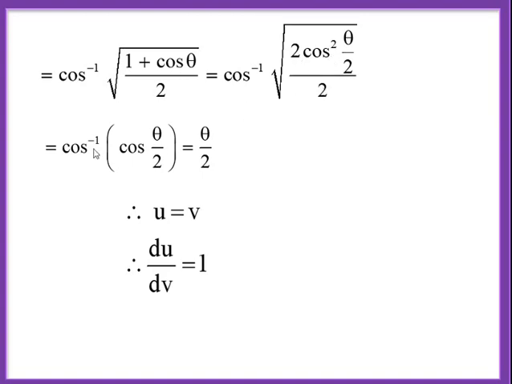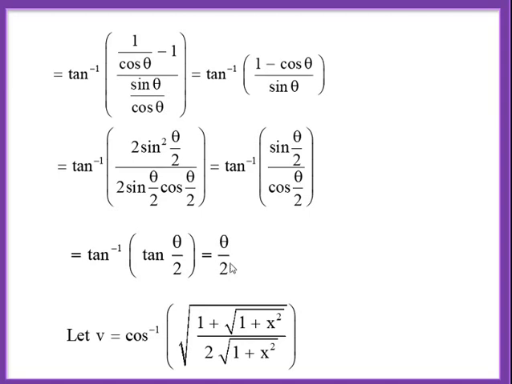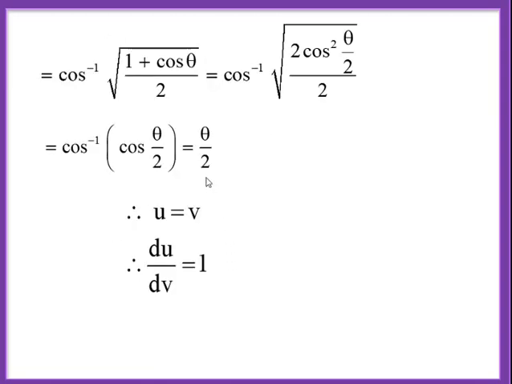So we get cos inverse of cos theta by 2, which is theta by 2. What was u? See, theta by 2. v, theta by 2. So u equal to v. We are supposed to find du dv. So if you differentiate both sides with respect to v, then du dv is nothing but 1.